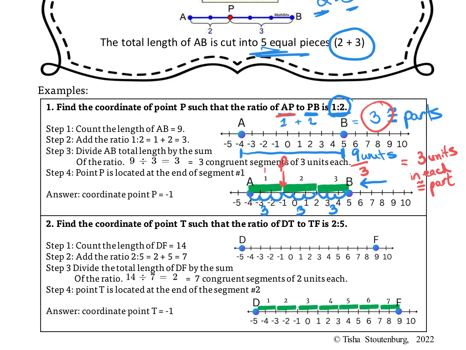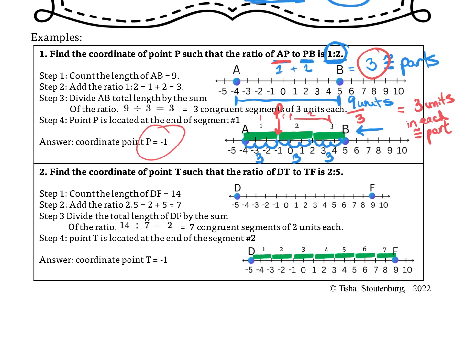So here's my first part, and then from here to here are my 2 other parts. So the answer for the coordinate of point P that breaks up this segment into a ratio of 1 to 2 would be at -1. Okay, so let's try the next one.